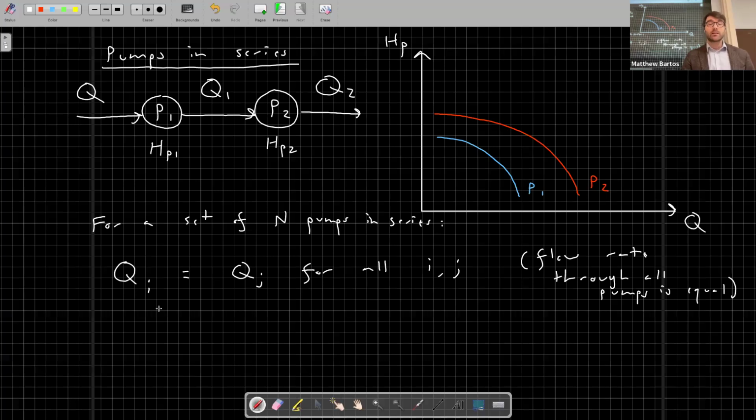All right, for the total head added by the pumps in series, it's simply equal to the sum of the individual heads added by each pump. So I'll say HP total is equal to the sum from I equals 1 through N, as in November, of HPI. So the total head added by the pumps is equal to the sum of the individual pump heads.